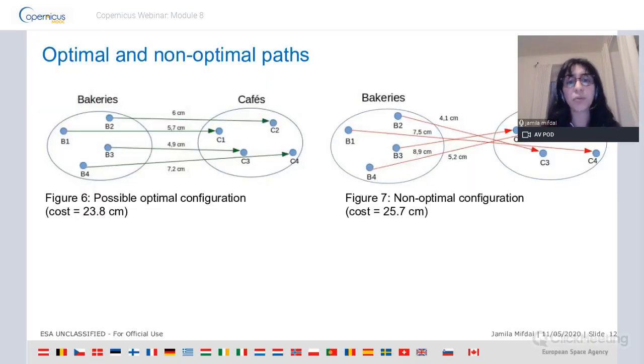So here we have 2 examples. On the right, we have a non-optimal configuration because the overall cost is 25.7, whereas on the left, we have a possible optimal configuration because it has a lower cost than the first one.